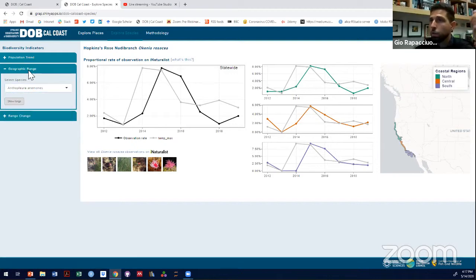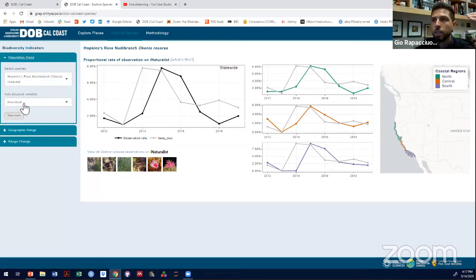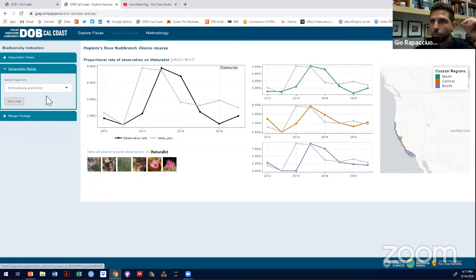And these species, if you remember from the presentation, these two results, geographic range and range change, actually come from an integrative model that combines iNaturalist data together with marine data, the multi-agency rocky intertidal network, as well as oceanographic data, which you can already see here, that come from UC Santa Cruz's ROMS model outputs.